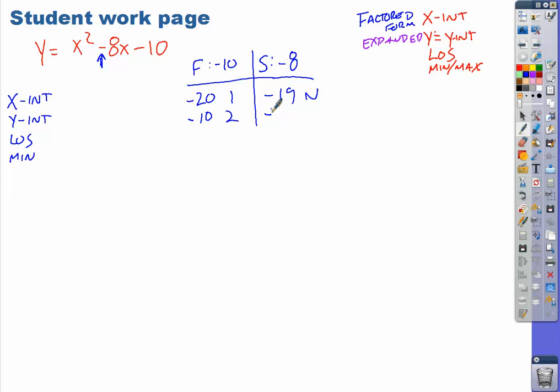That has a sum of negative 8. That works. So the equivalent form is y equals x minus 10 times x plus 2.